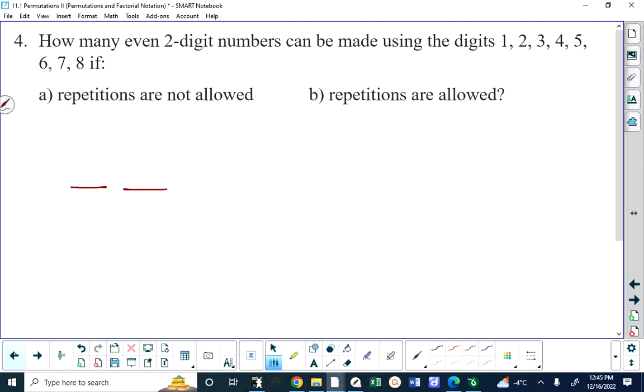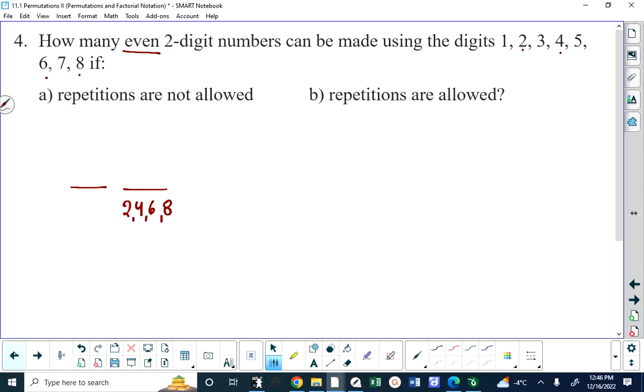Now there is a restriction. These numbers have to be even, and numbers like 12 and 48 are even because they end in an even digit. So when we look at the even digits, there's a 2, a 4, a 6, and an 8. So this has to be a 2 or a 4 or a 6 or an 8. And this first digit has to be any other digit that wasn't used, right?